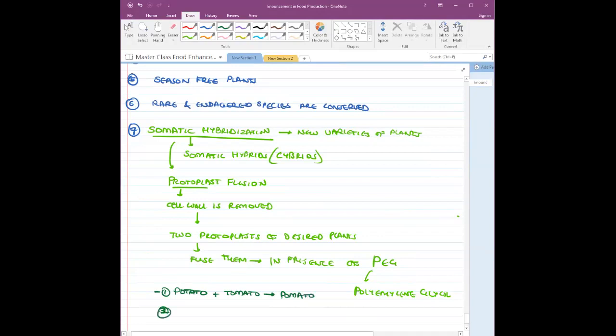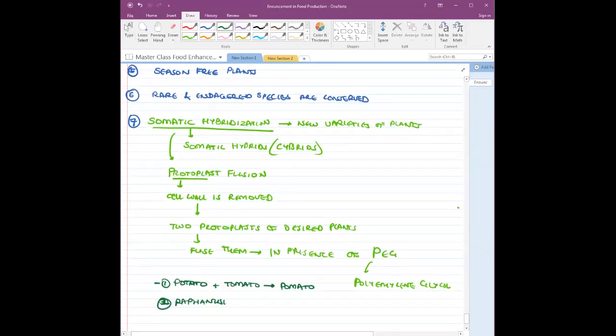And second one, guys, we have Raphanus and we have Brassica. Raphanus plus Brassica is going to give us Raphanobrassica. So this is what we need to know with regards to somatic hybridization.